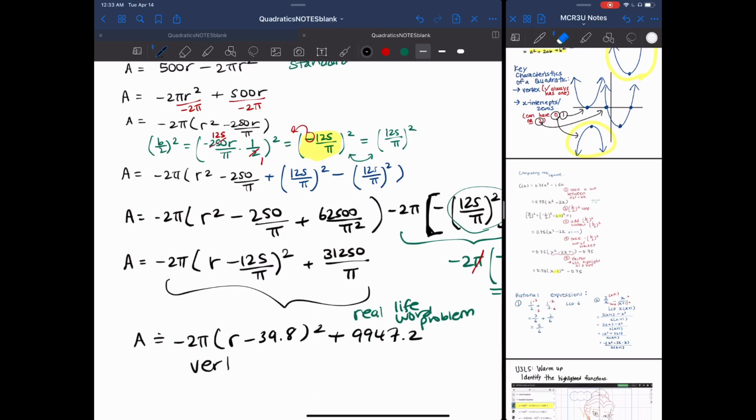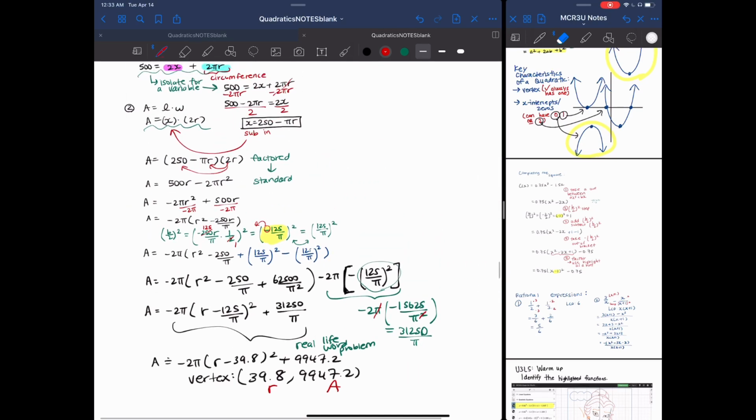So the vertex is, remember, these are all in terms of r, the input that we're discussing is r, whereas the output is a, and therefore my vertex is 39.8, 9,947.2, where this is the r and this is the a.